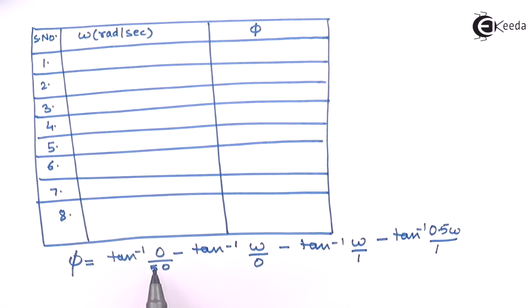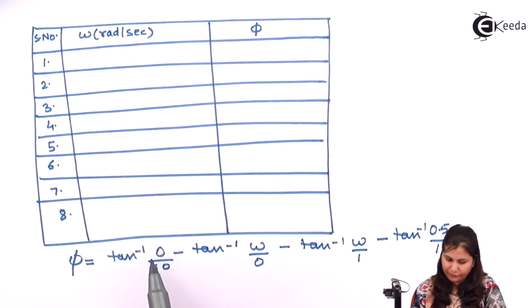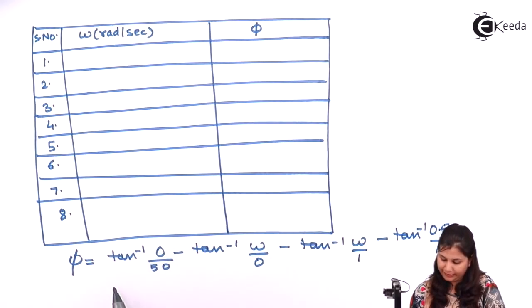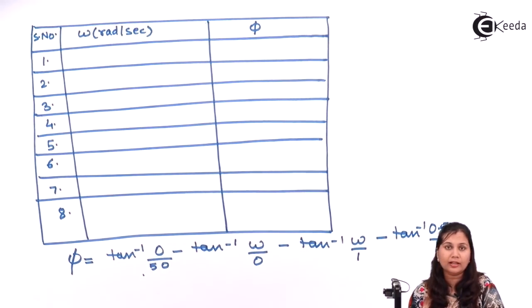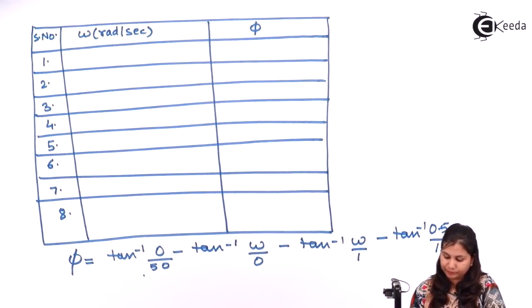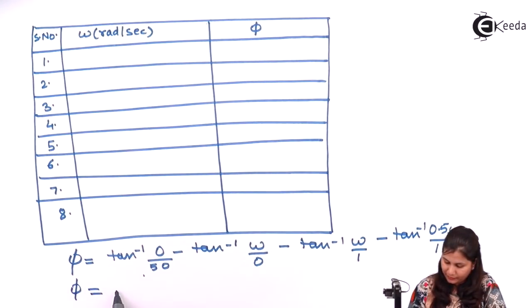Now this will become tan inverse of infinity, so it will be minus 90 degrees. Here tan inverse of infinity, it will be 90 degrees. So minus 90 minus tan inverse of omega minus tan inverse of 0.5 omega will be our phase equation.